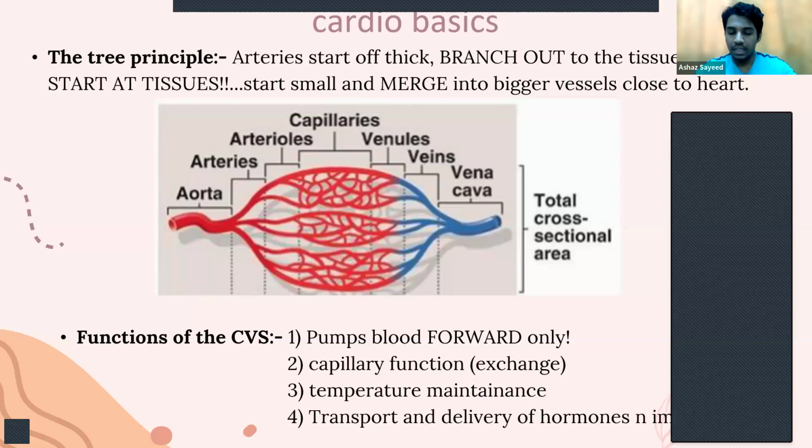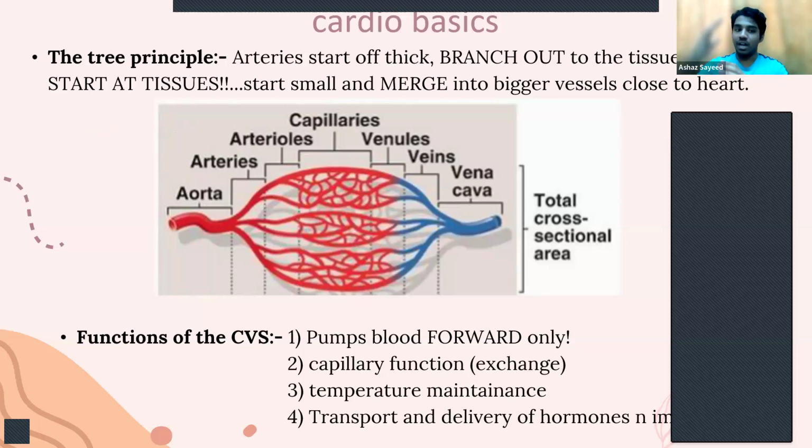These two are the biggest veins in the body. Just see the diagram. It starts off as a single aorta, branches into multiple capillaries, and then merges back into the vena cava. All I want you to know from here is that arteries start off thick and they branch out into the tissues.